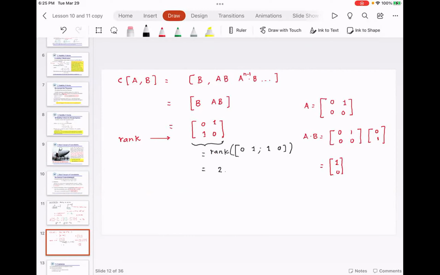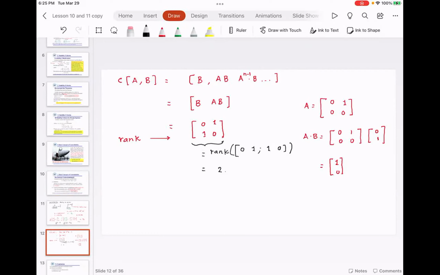You would get 2. Why would you get rank 2? That means the first column is independent of the second column.